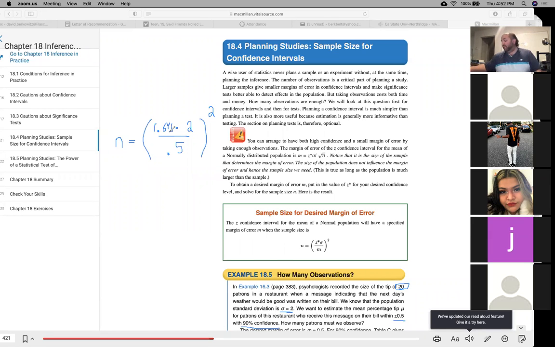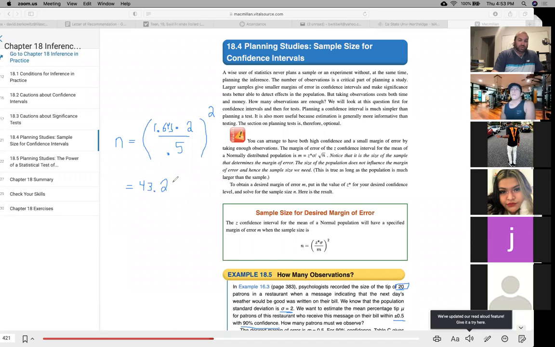So when I take out my calculator and I do 1.645 times 2 divided by 0.5, and I square that, the math gives me 43.2964.